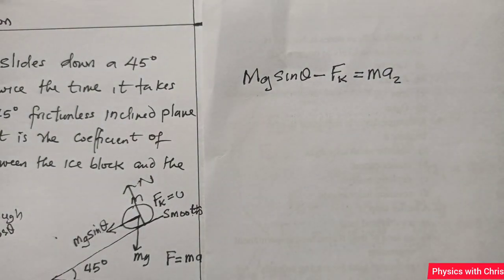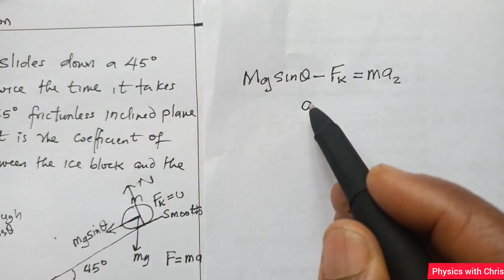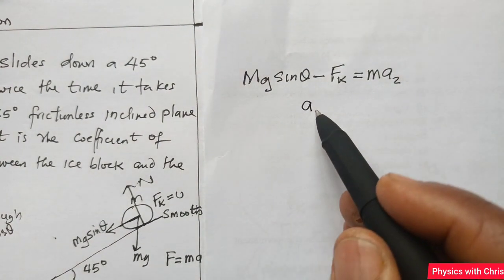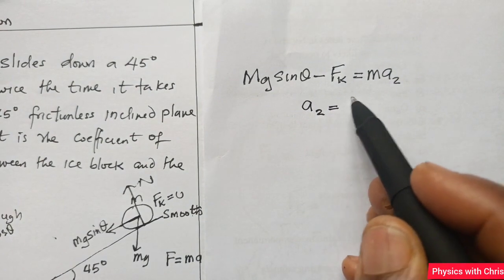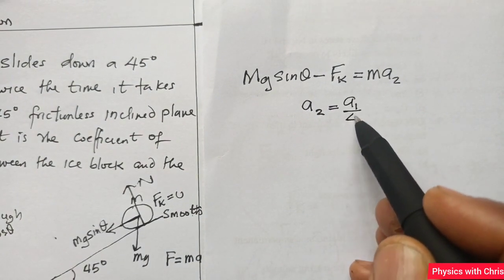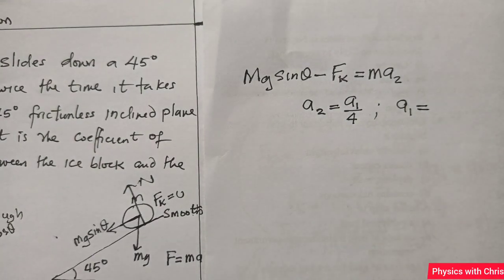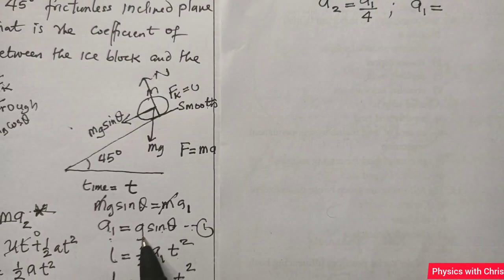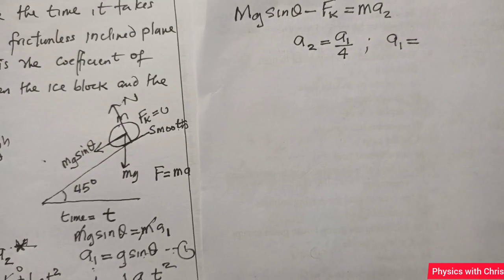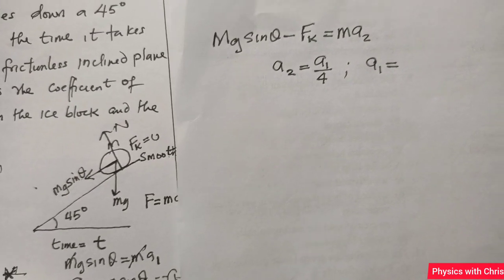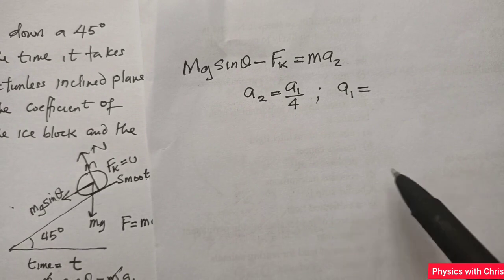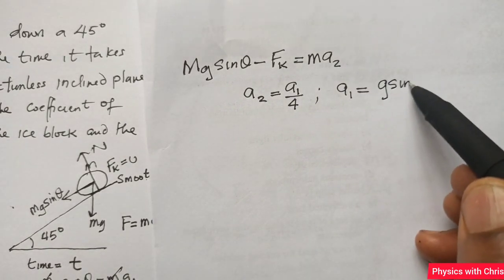Now, let me bring the relationship between the two accelerations. A2 equals A1 over 4. And also we know that A1 is g sine theta. So I write it down there as A1 equals g sine theta.